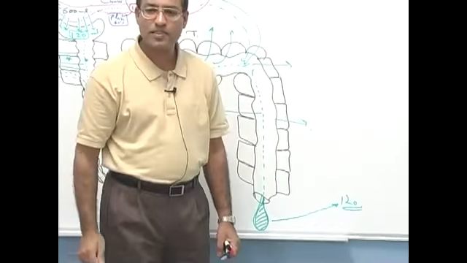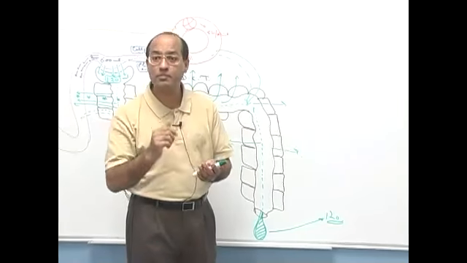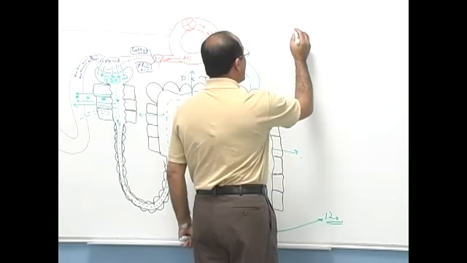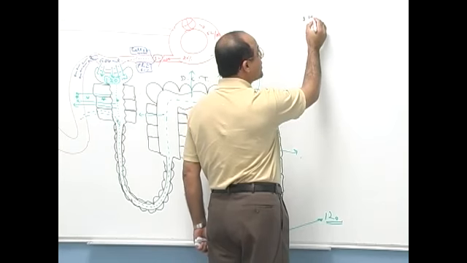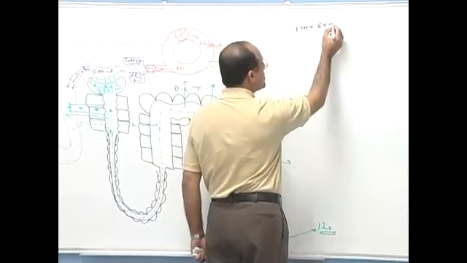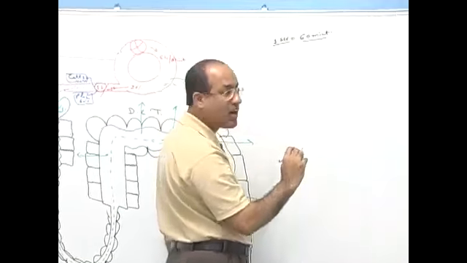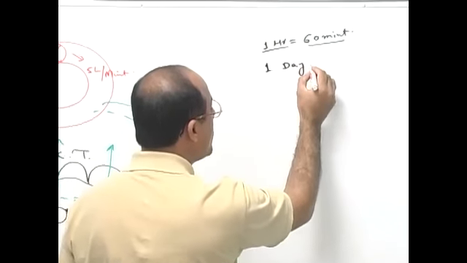Is that right? Now, let's calculate how much urine she will be passing per day. Look, every minute, in 1 hour, how many minutes are there? 60. Okay, she knows confidently that every hour is 60 minutes. And in 1 day, how many hours? 24.